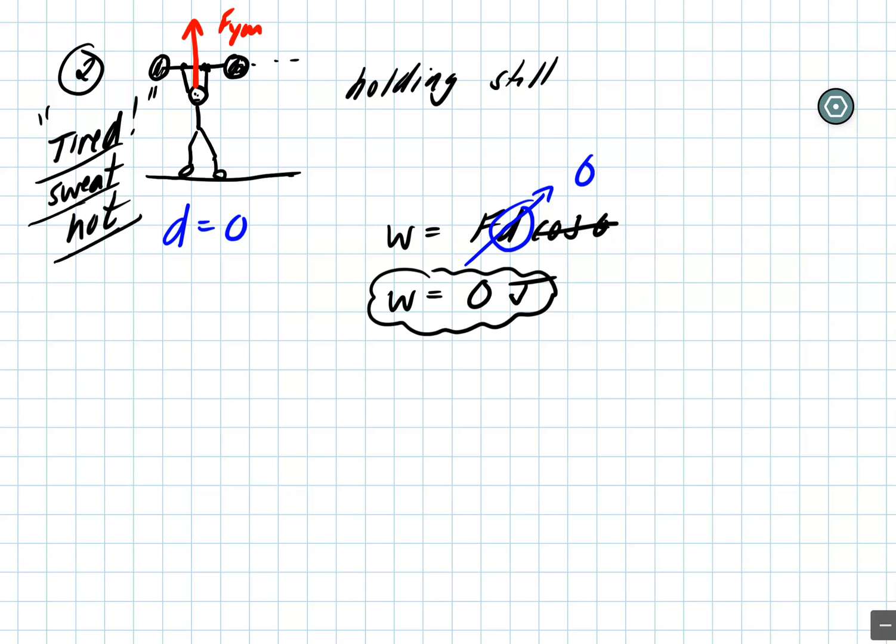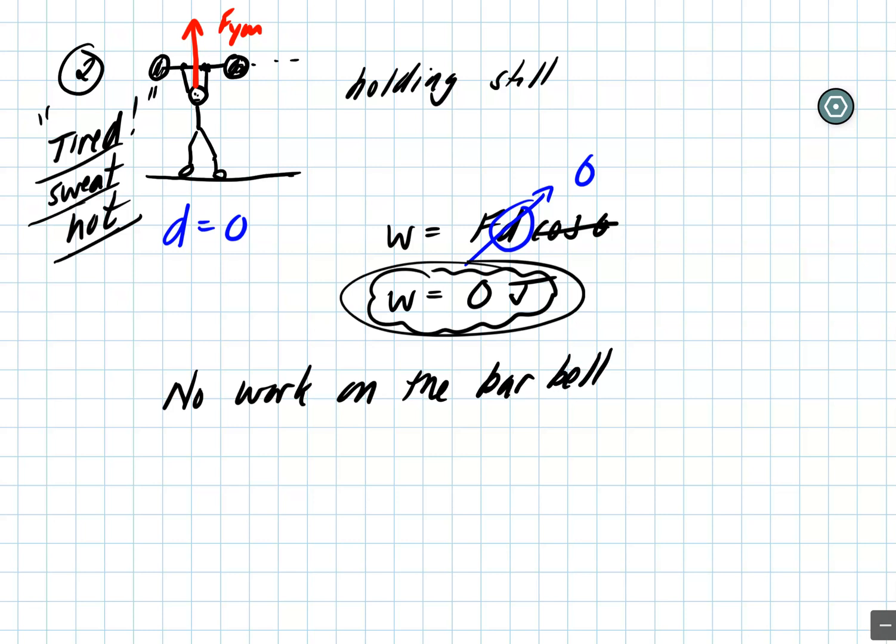When we say that you're not doing any work, that's because there's no work on the barbell or the weight or what have you. There's no energy transfer to the barbell. What's happening is your muscles are doing internal work.